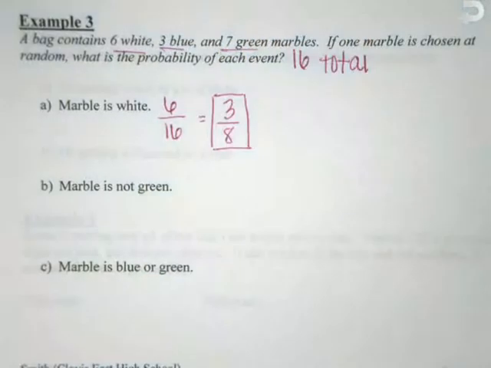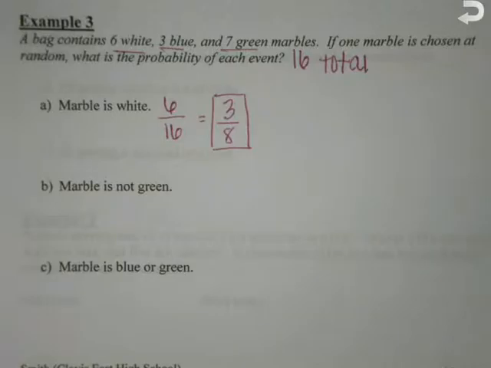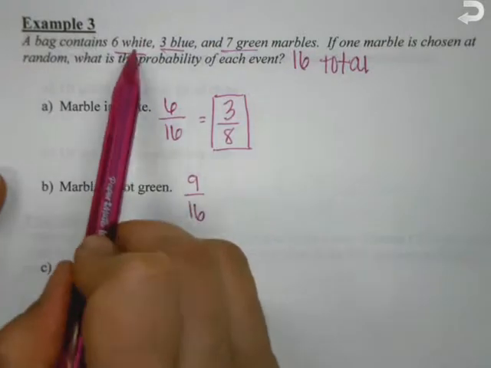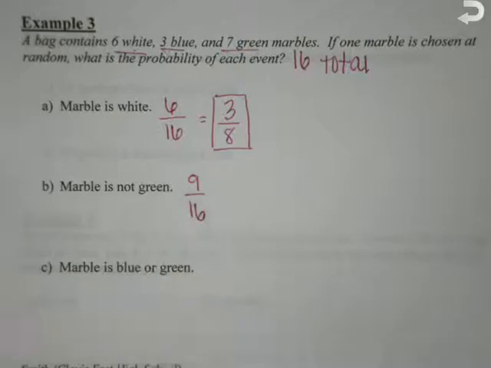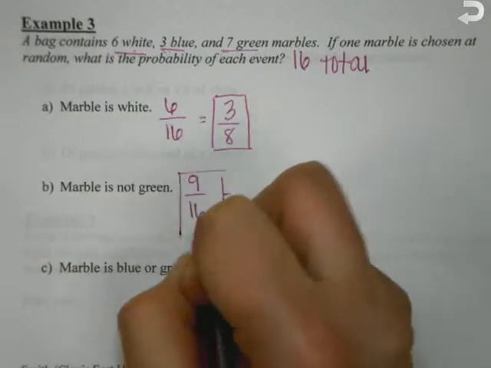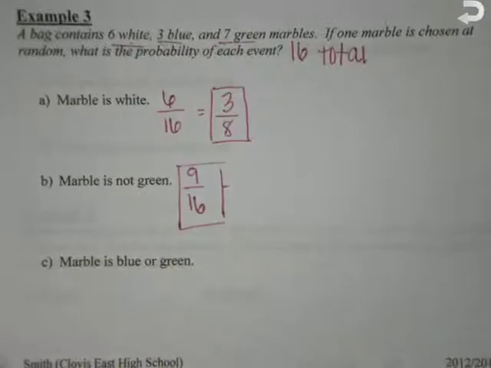Now we're looking at the probability that the marble is not green. How many marbles are not green? 9 out of 16. The 6 white and 3 blue add up to 9/16. That does not reduce. What about the probability that the marble is blue or green?